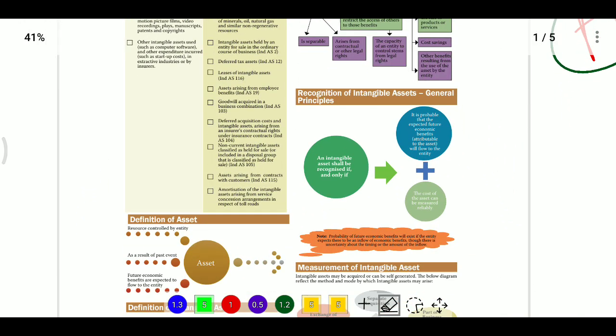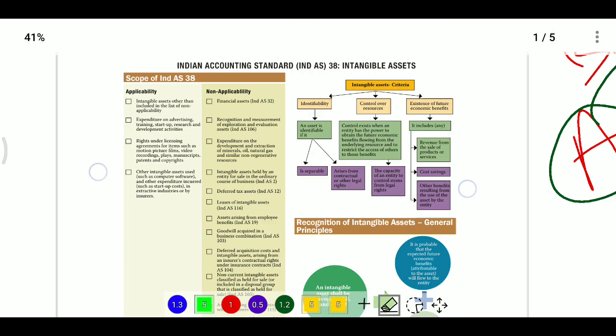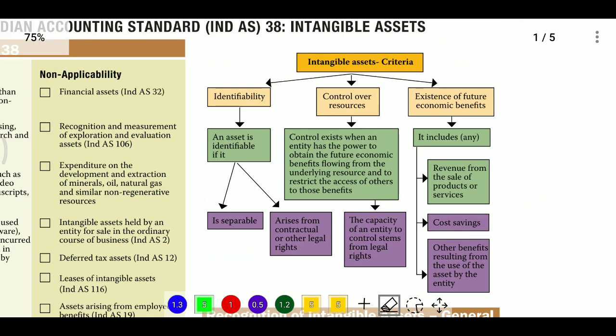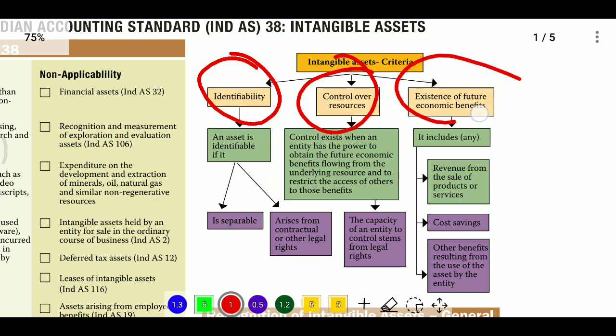Intangible assets shall be recognized if and only if these conditions are satisfied. So we need identifiability, control and existence of future economic benefits. In some cases we cannot identify them as assets.